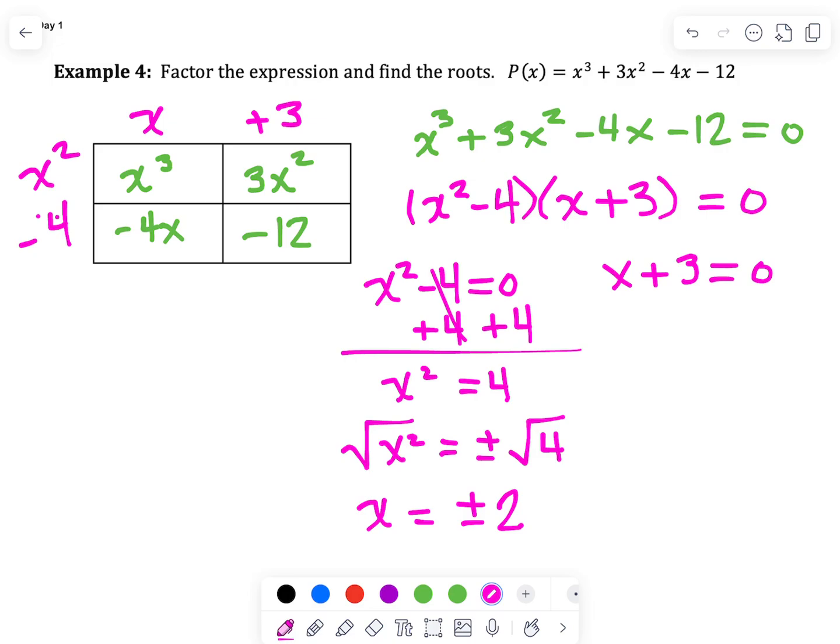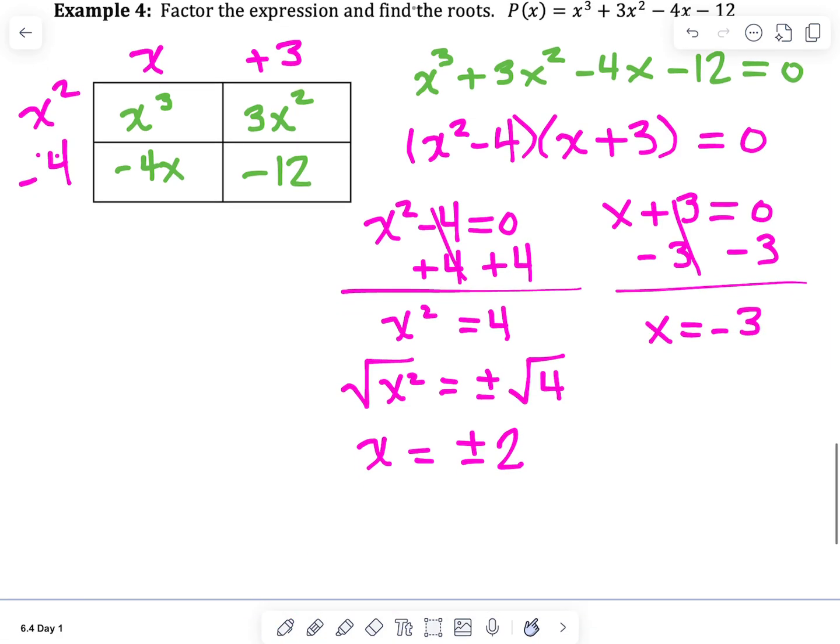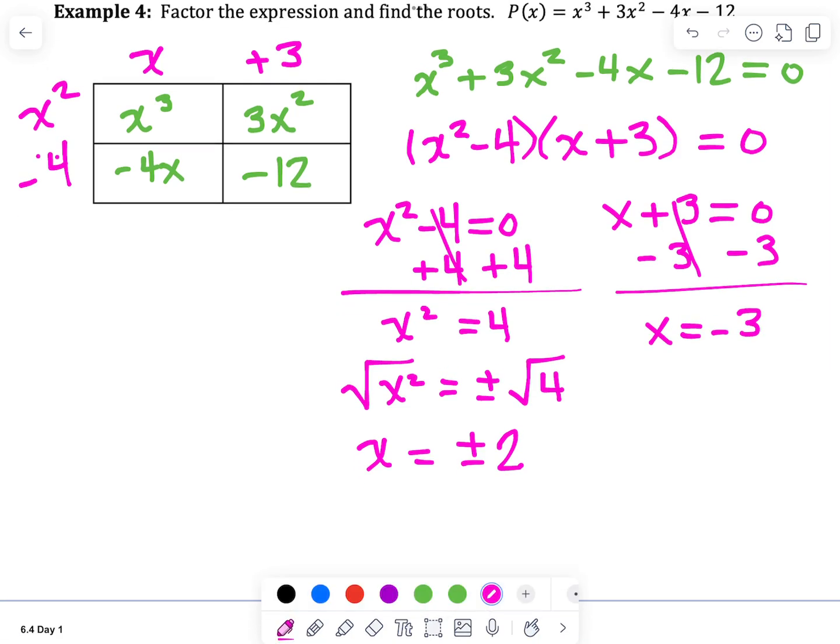For the right equation, we subtract 3 from both sides. And we get x to be -3. So we have 3 roots. The roots are -3, +2, and -2.